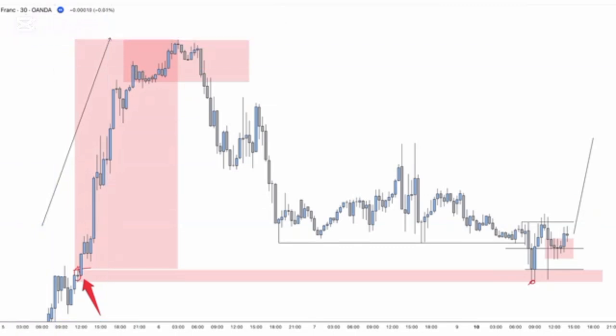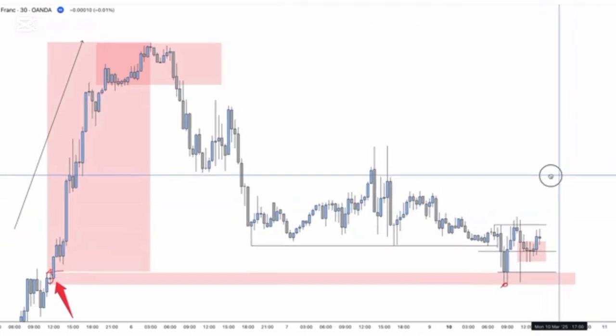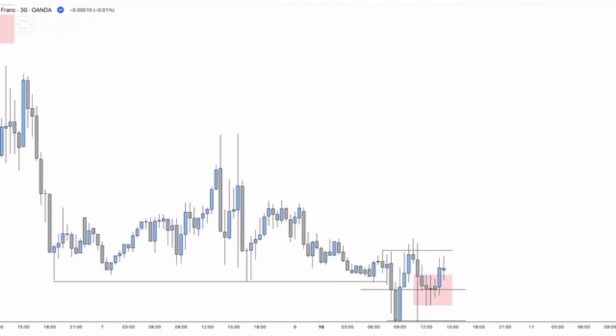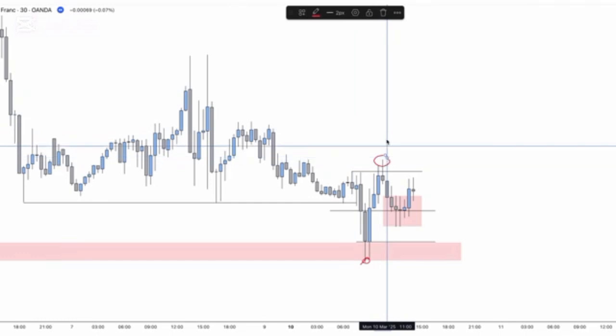We know from a lower perspective that once again, it looks like now that we've met this high interest area, buyers are taking control. We would want to see some more strength candles to really confirm anything here. Okay, we haven't seen closures above a notable structure point, which is pretty much going to be here.